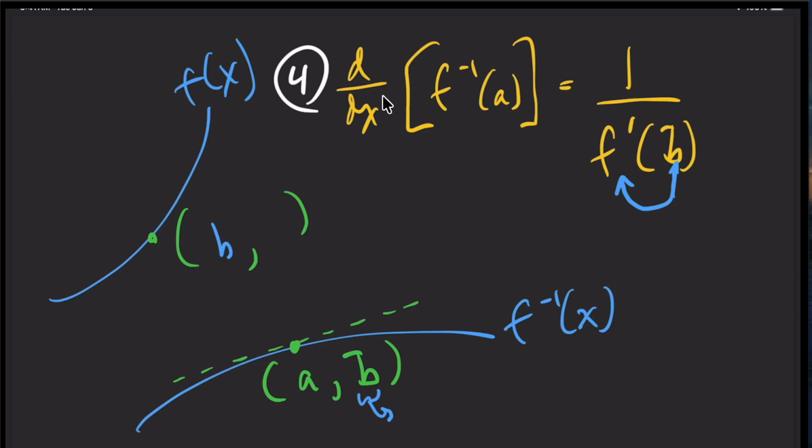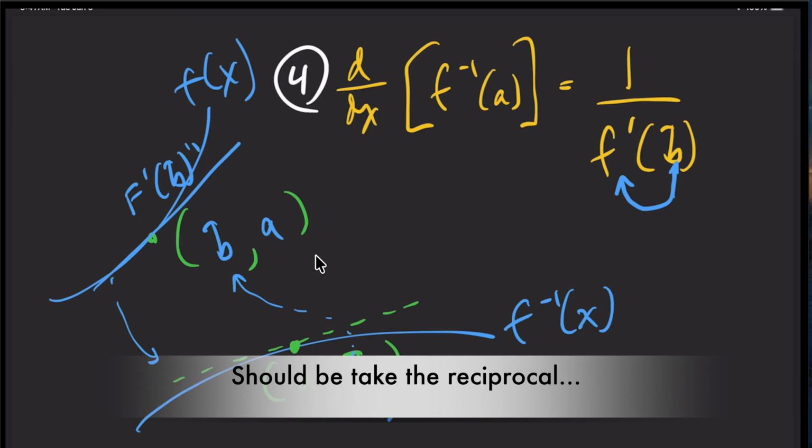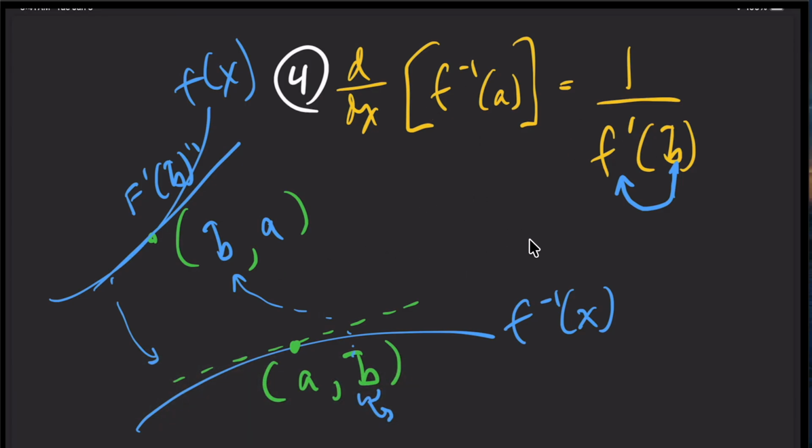So here, if we recognize that this B is now going to become the input at A, if we get f prime of B, that's going to give us that slope, and to move to that graph, we take the reciprocal. This is simple as well. I like this formula as well.